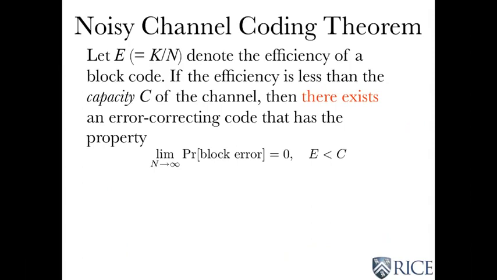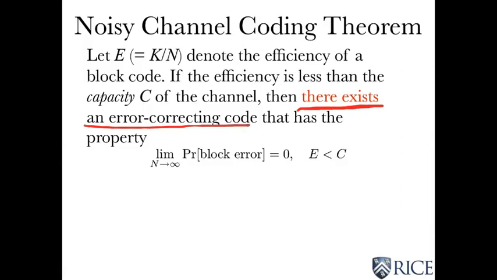So let's talk about a few issues with the noisy channel coding theorem, which are pretty important. The first is this phrase that keeps coming up: there exists an error correcting code. Well, to this day we don't know what that code is.